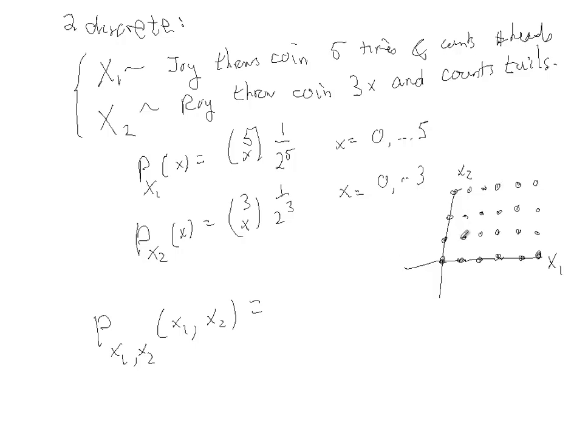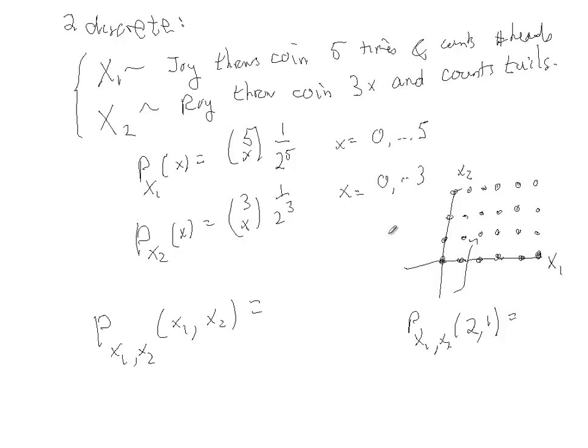Okay. Now, if I wanted the probability of any one of these points, say the probability of Joy getting 2 heads and Roy getting 1 tail, you just multiply the probabilities.